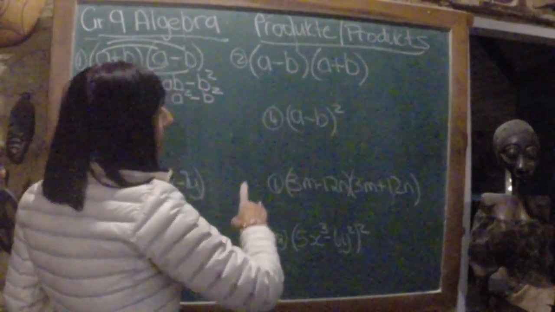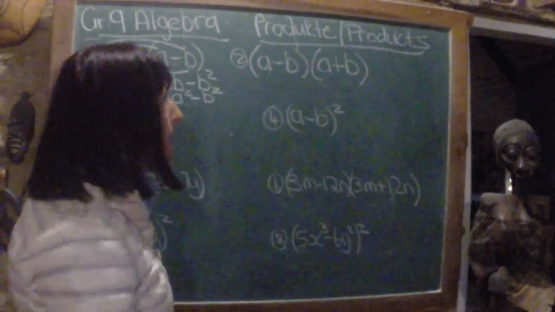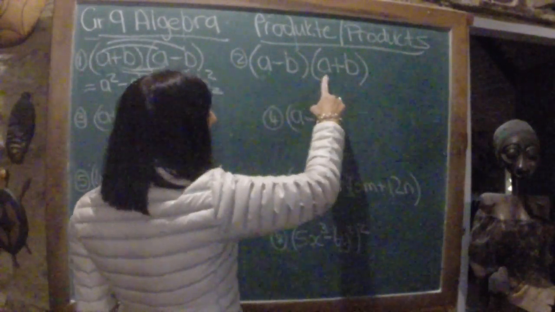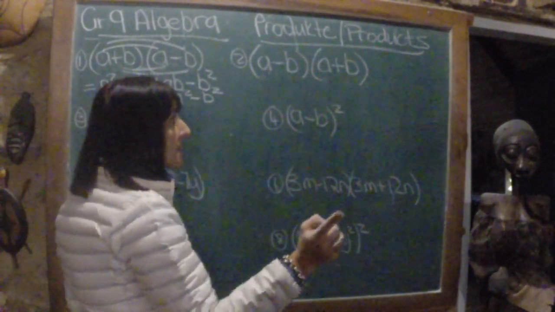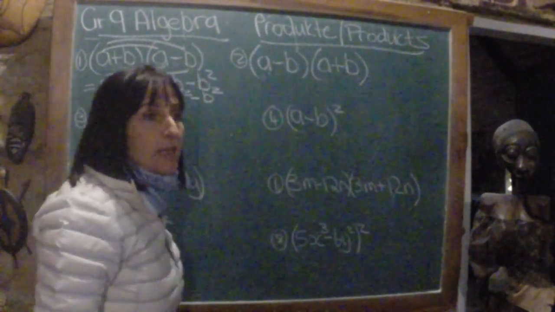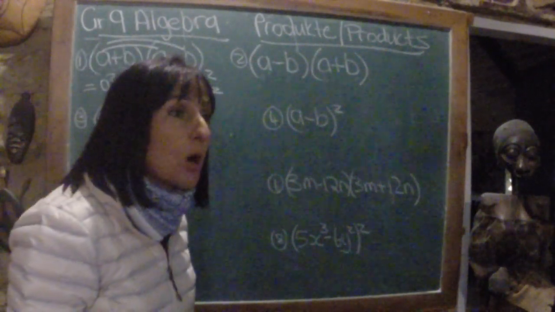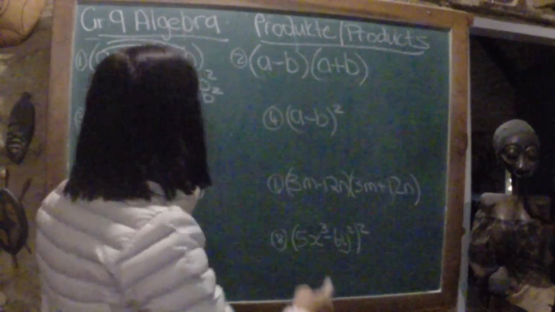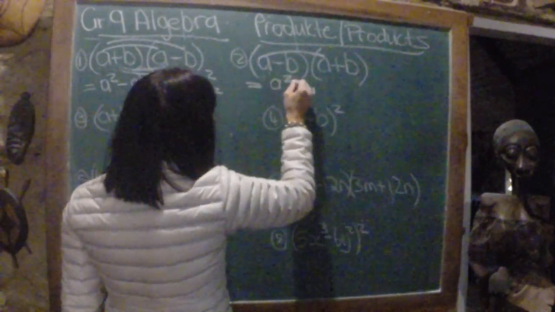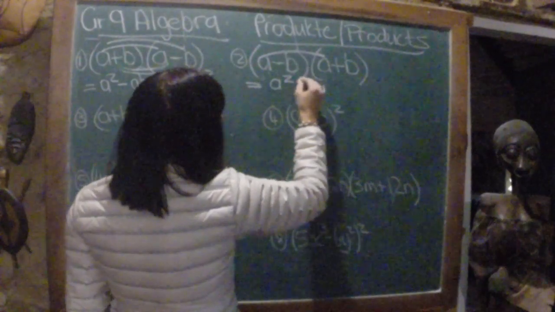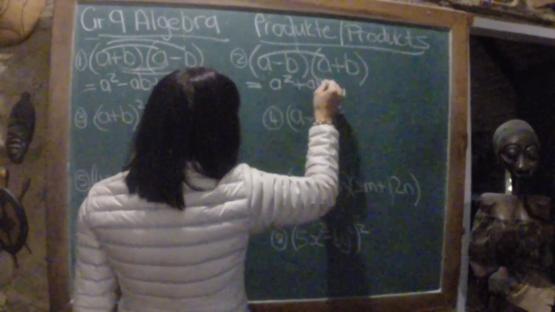Let's look at this one. Exactly the same scenario. A, B, minus in die een, maar nou is die minus eerste, en 'n plus in die tweede een. Kom ons kyk of dit 'n verskil maak as die hakies omgeruil is. Ek het A maal A kwadraat. A times plus B plus AB.